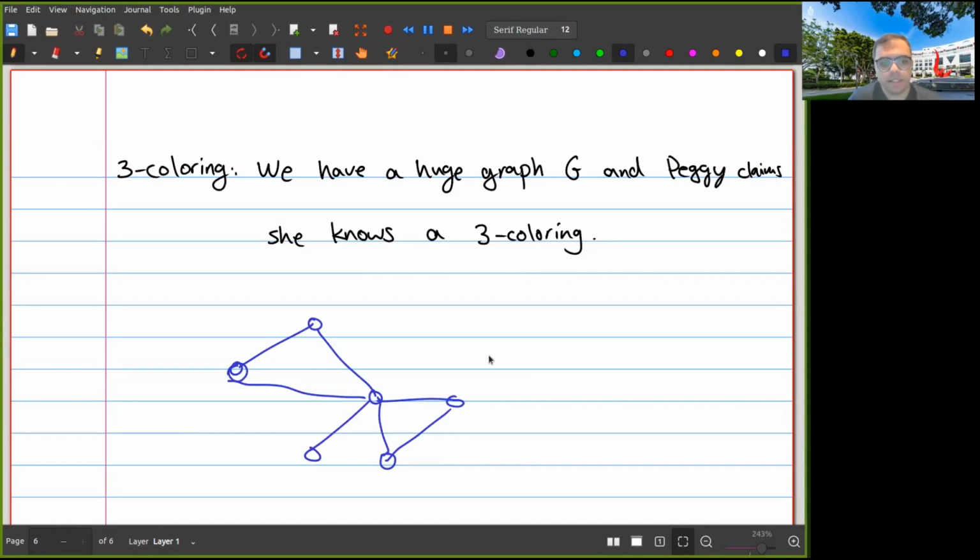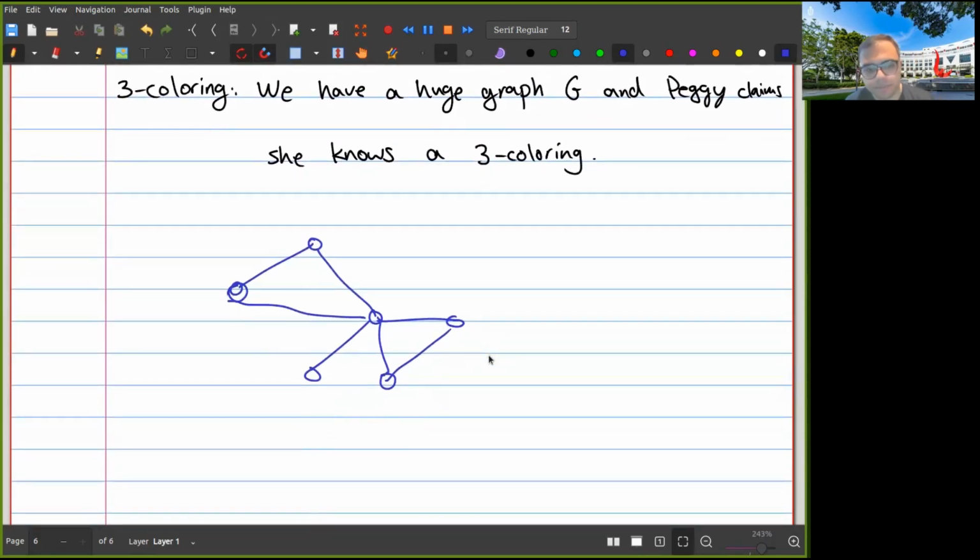So let's say this is my graph. So again, what I'm going to do is to use a commitment scheme, a hash-based commitment scheme. How do I do this? Let's say that my vertices have numbers 1, 2, 3, 4, 5, and 6.